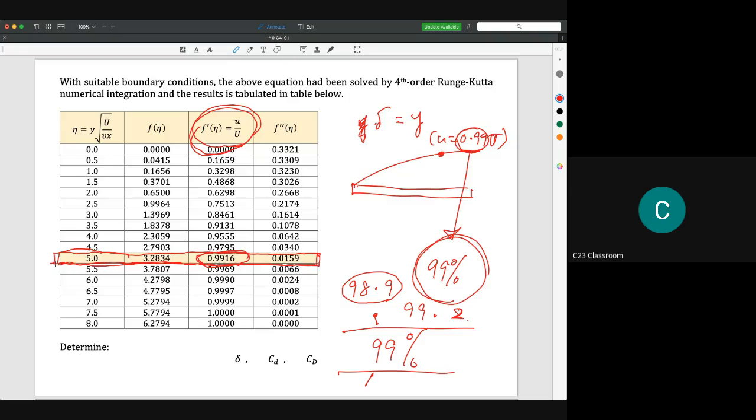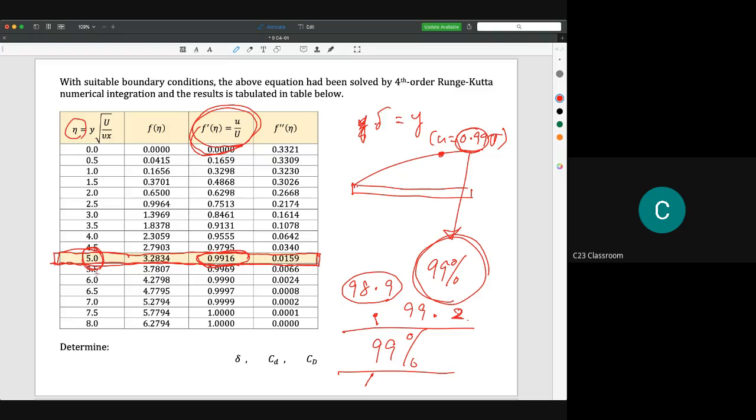This is the trick: if this question comes out in your final or your test, the answer must be that eta is equal to 5. This is just to prove the Blasius exact solution.